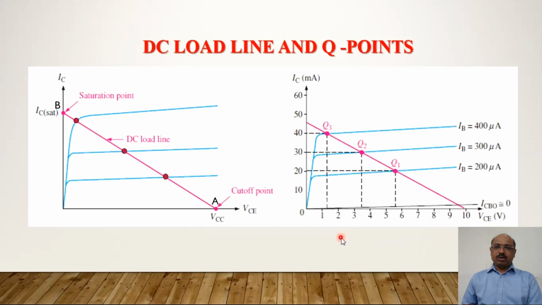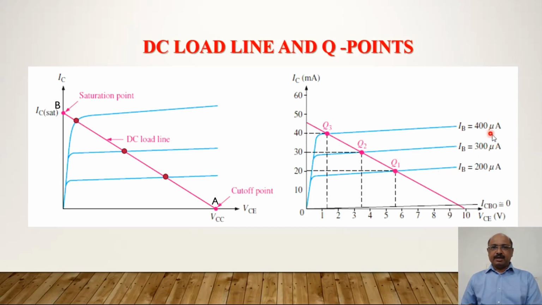From this, it is clear that if the base current IB is minimum, then the Q point is located near the cutoff point, denoted by Q1.